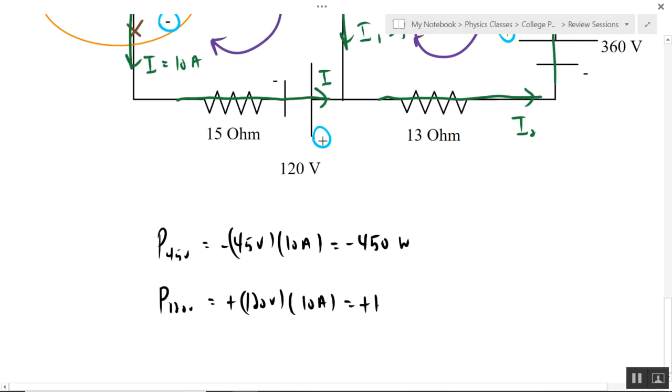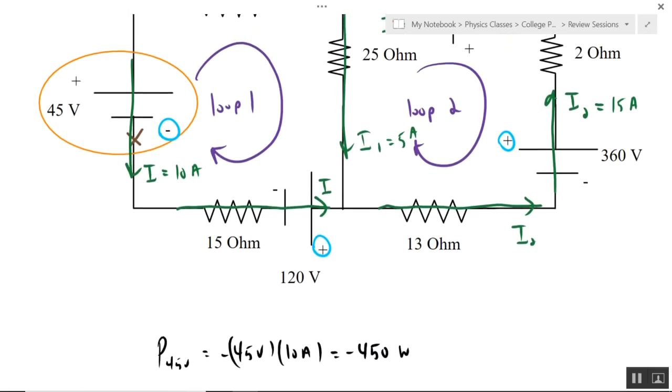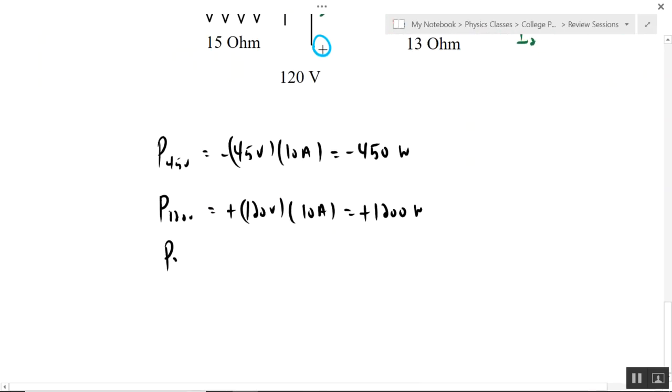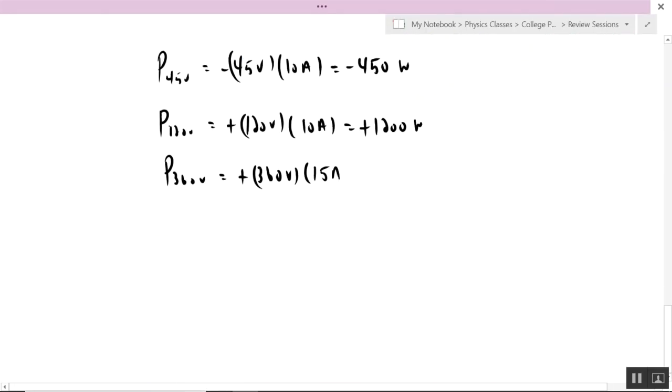So you get plus 1200 watts. And then for the 360 volt one, it's also positive times the current coming out of it. That's 15 amps. That's a little bit harder to do in your head, but it's 5400.